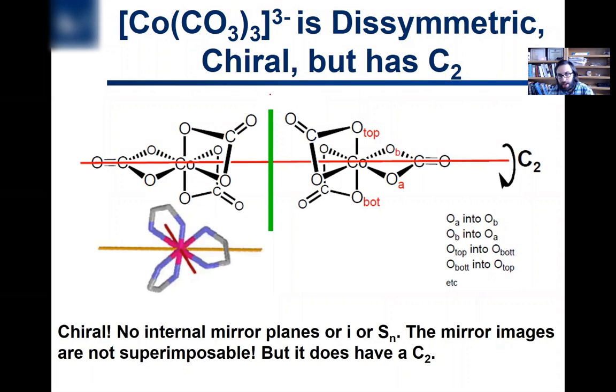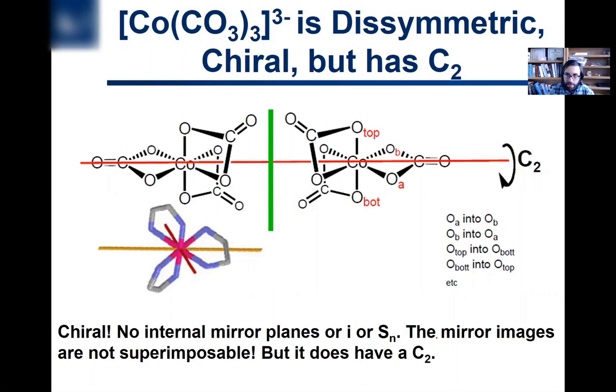So here's a dissymmetric molecule. It's in the Cn point group, C2. It's chiral, and it has some symmetry still. It has a C2, right? But because it's in a Cn group, and because it doesn't have any mirror planes or an inversion center or an improper rotation axis, its mirror image is not superimposable.